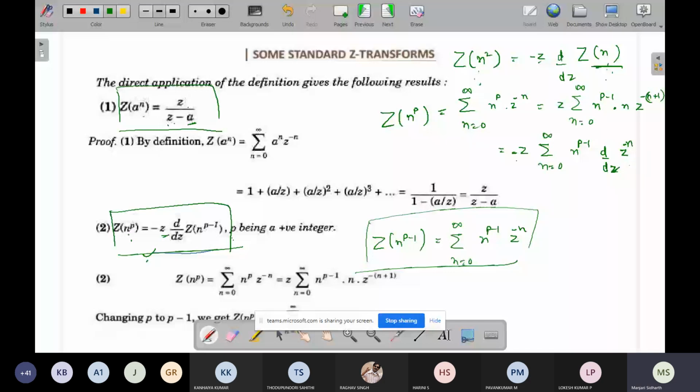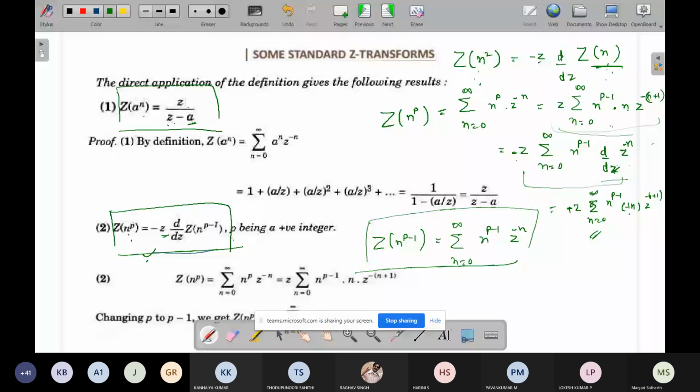So this term is same as this term, right? I'll show you. Minus z is outside. So minus n, z power minus n minus 1. See this, and minus minus plus. Derivative of this. So this and this term is same, right? So I have rewritten this term in this form.